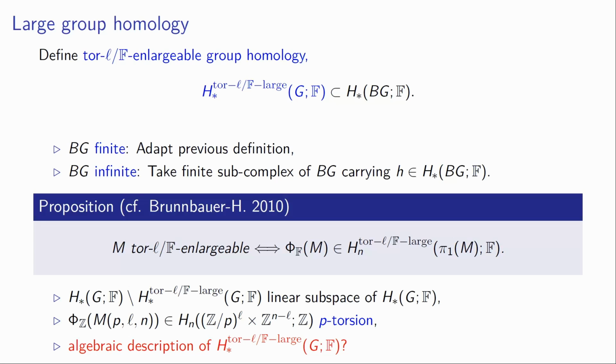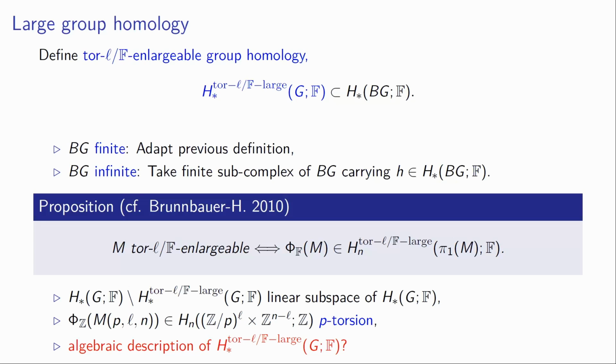And these large classes, the large part of the group homology, that's not a subspace, but rather the small part of the group homology, where all these mapping degrees have to be zero, is actually a linear subspace. And now the first question one might ask is, for example, is any non-zero class large in this sense?